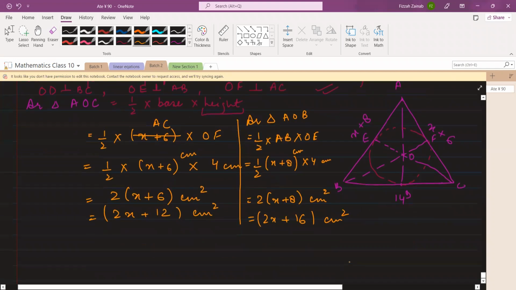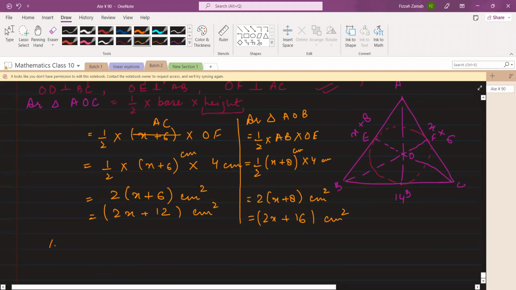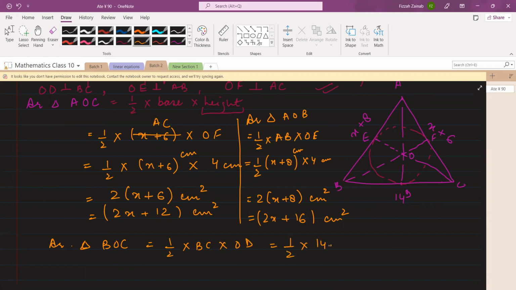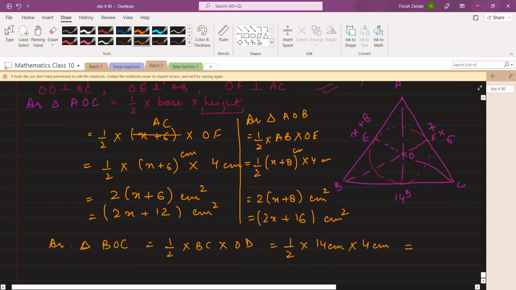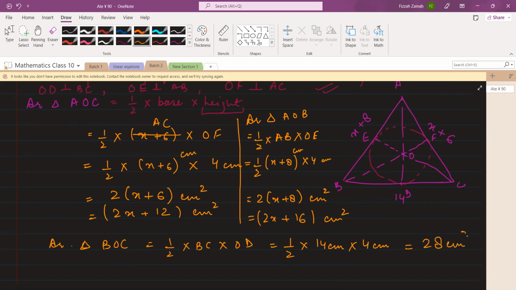Now BOC. So area of triangle BOC is half into BC into OD, right? So that is half into 14 centimeter and OD is 4 centimeter. So 7 into 4 is 28 centimeter square. Is that okay?